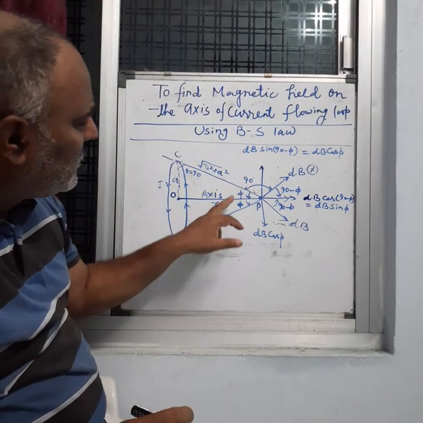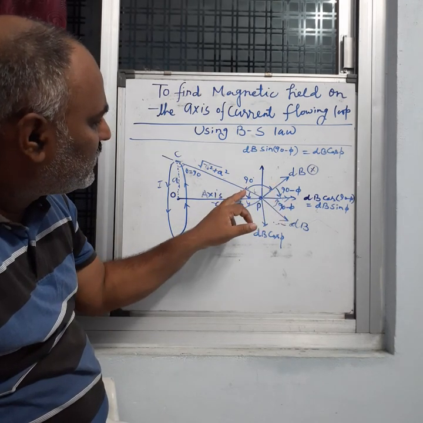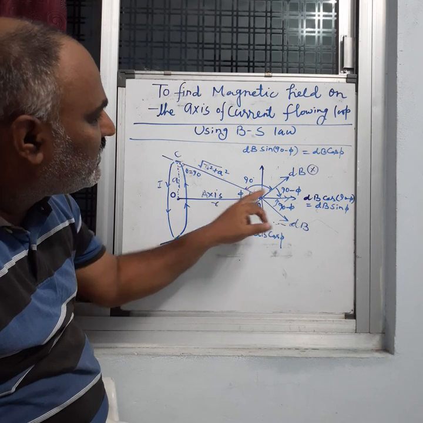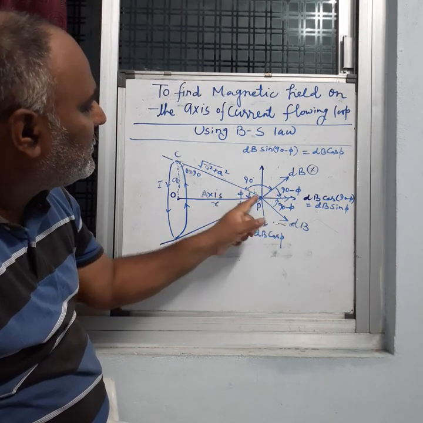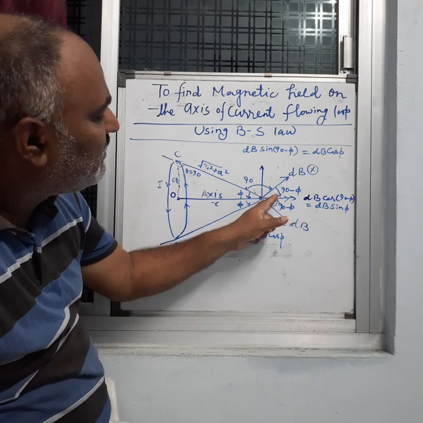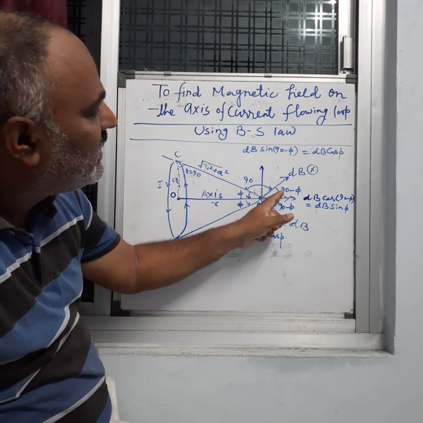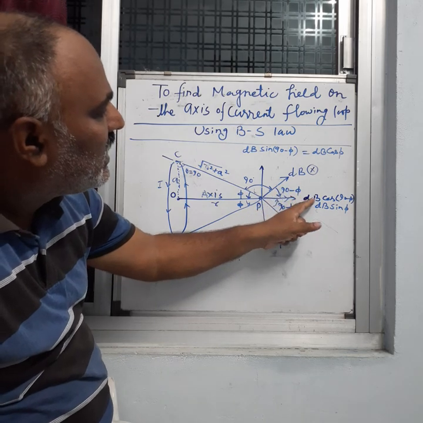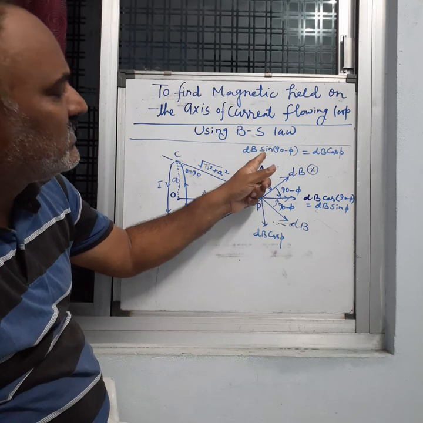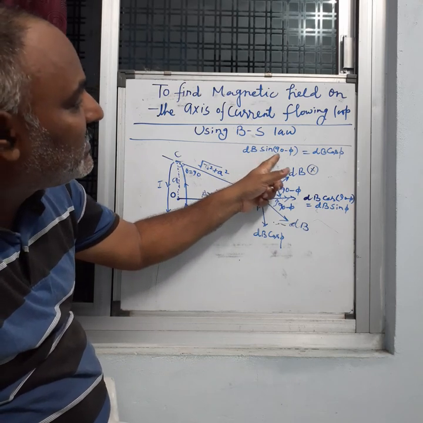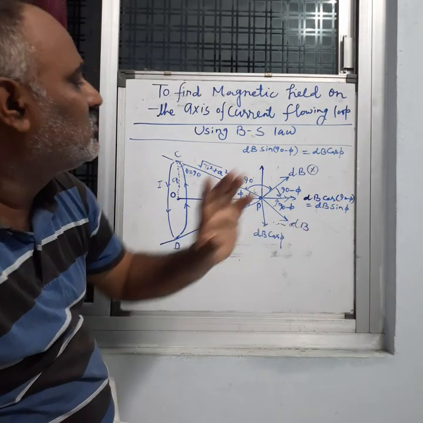Now, since both are perpendicular, if this angle is phi, this remaining angle will be 90 minus phi. And since this is 90 minus phi, dB can be resolved into two components, the cos component and the sin component of 90 minus phi. Mathematically sin of 90 minus phi equals cos phi, and cos of 90 minus phi equals sin phi.